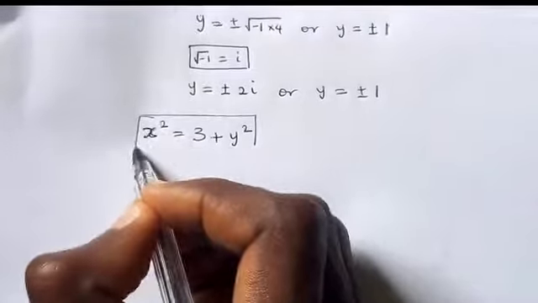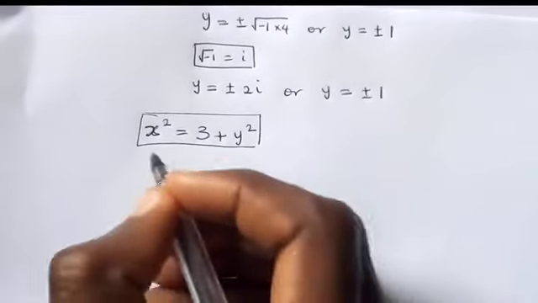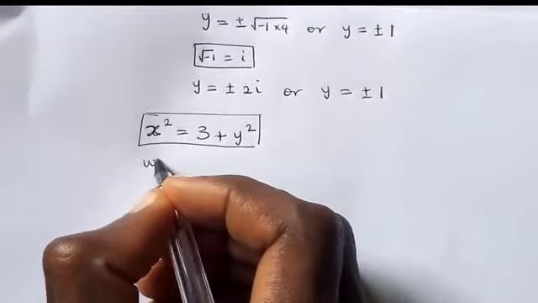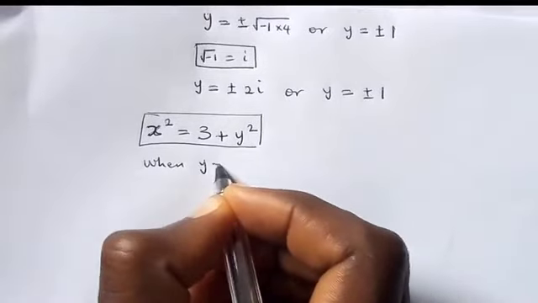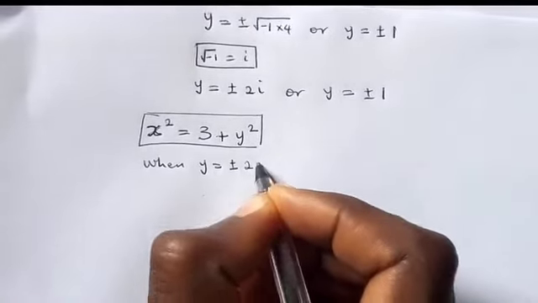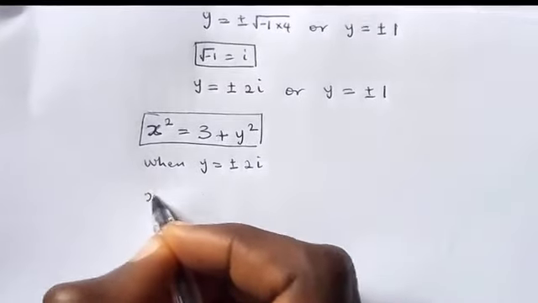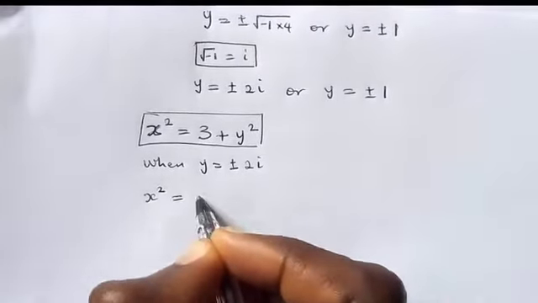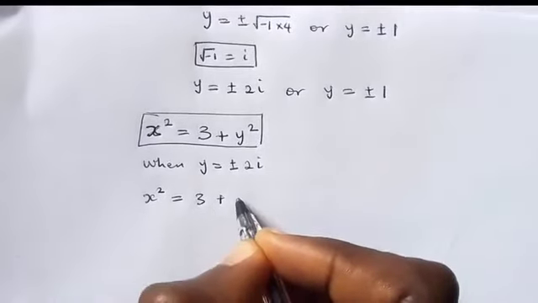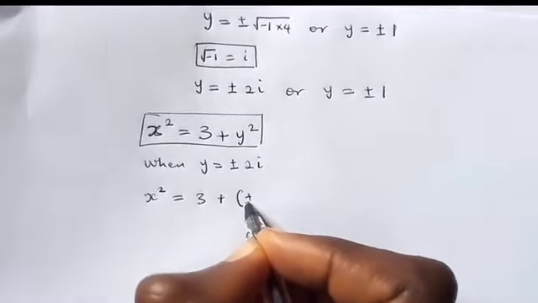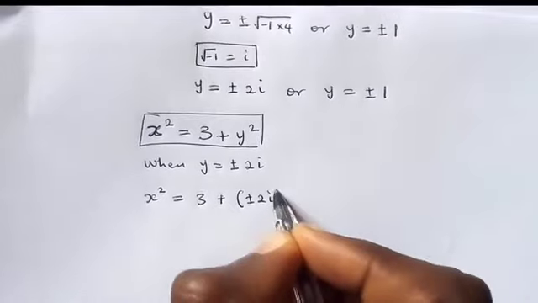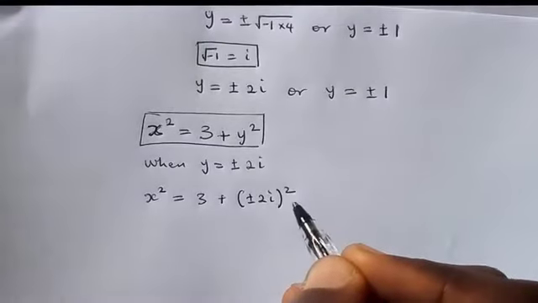From this, let's substitute when y equals plus or minus 2i. So this will now be x raised to power 2 equals 3 plus our y, plus or minus 2i, all raised to power 2.